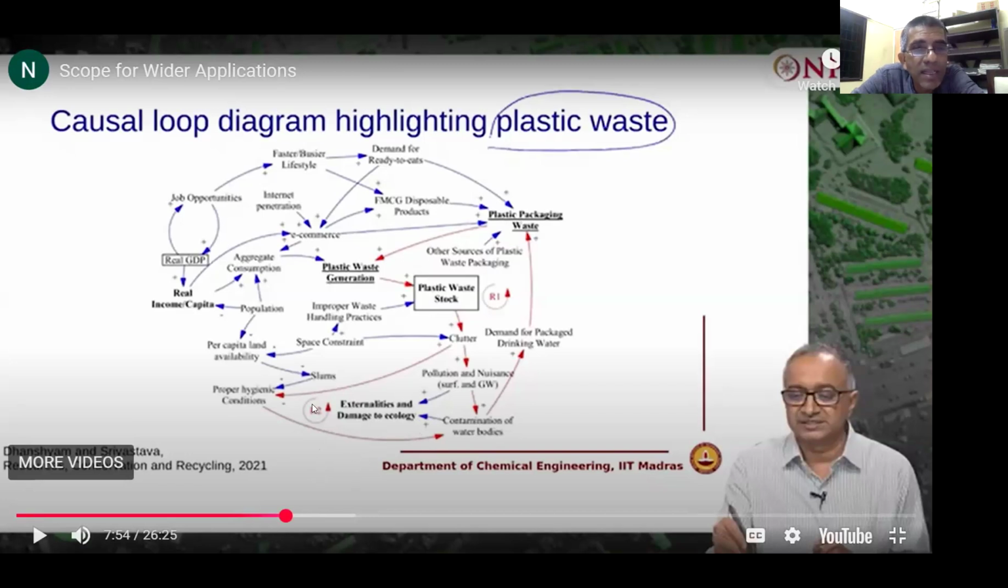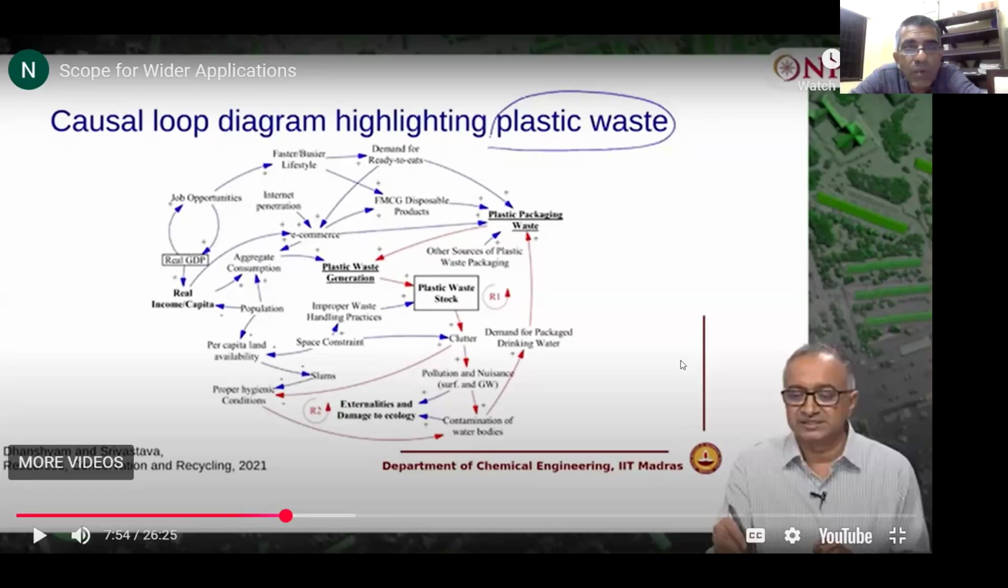If you have less hygienic conditions, will it be less contamination or more contamination? More contamination. So there has to be a negative on this arrow. So less hygiene means more contamination, right? Less means more, that is an inverse proportionality, not direct. I don't see any sign on this arrow. Yeah, it should be minus. So more of this, less of this, less of this, more of this is opposite, right?